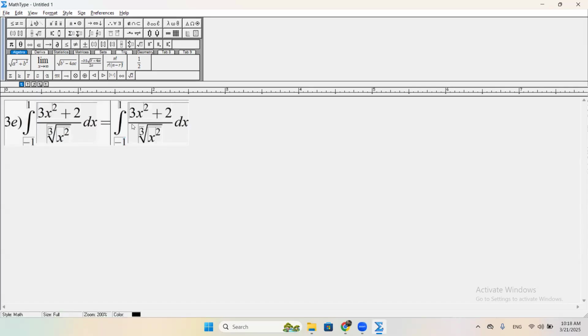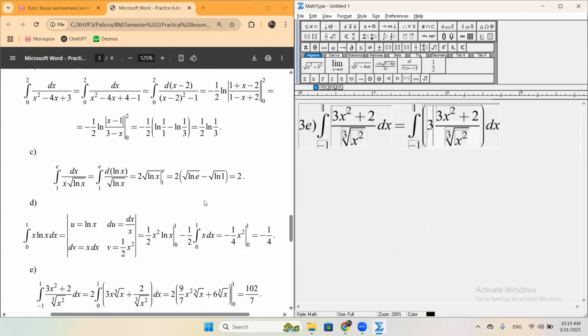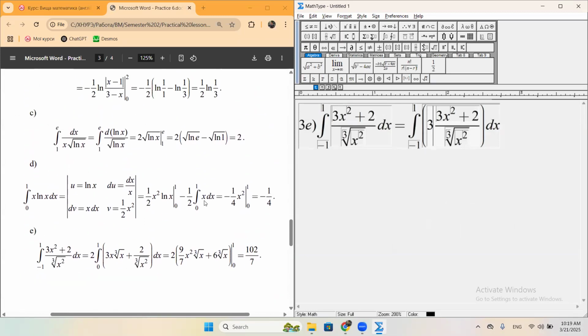But first of all, let's do the following. Let's divide everything by this. So what do we have? Okay, let me look here because I don't want to divide everything on my own now.